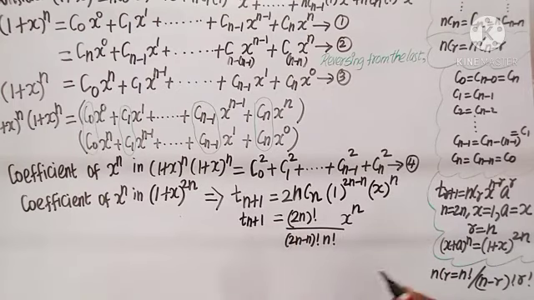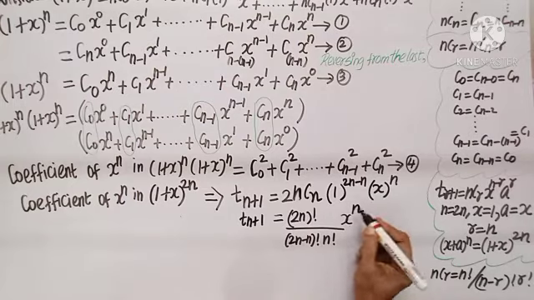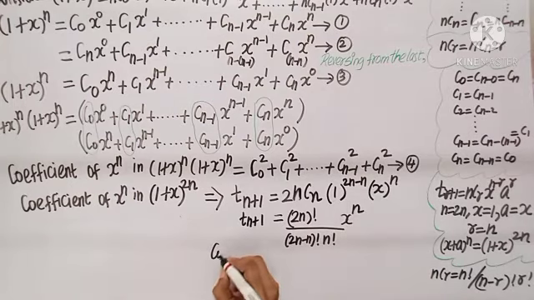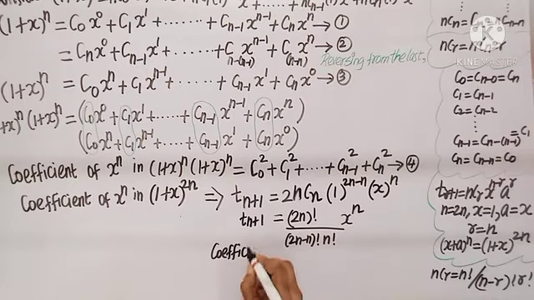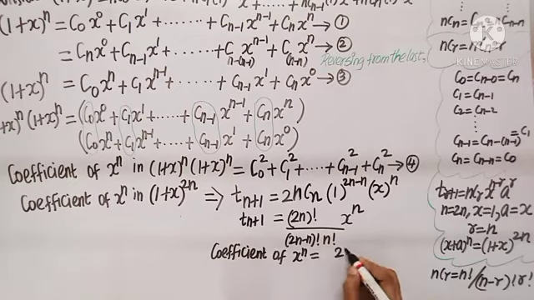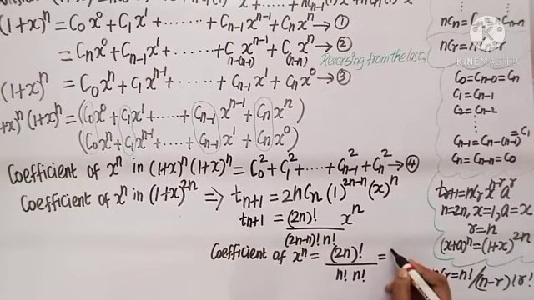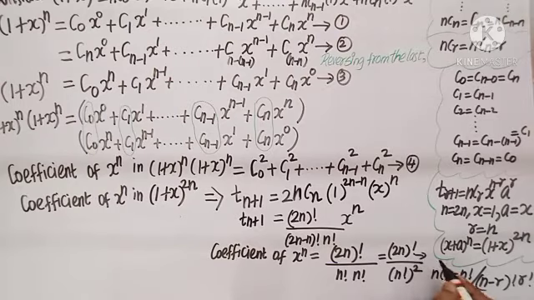But I want only the coefficient. So what is the coefficient of x^n? It is (2n) factorial by n factorial into n factorial, or (2n) factorial by n factorial the whole square. Call it number 5.